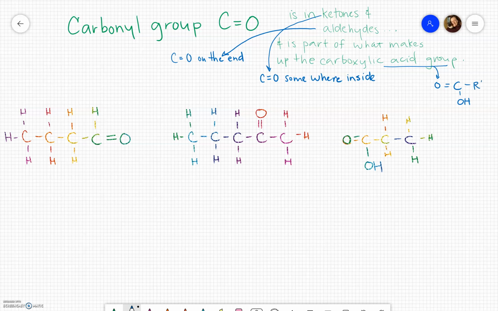So our C double bond O also has an OH directly attached to it, and then R going off on the side. So if we look at just those 3 definitions, we can see that here we have a double bond O that's on the end, but it does not have an OH group. So that must mean that this is my aldehyde.